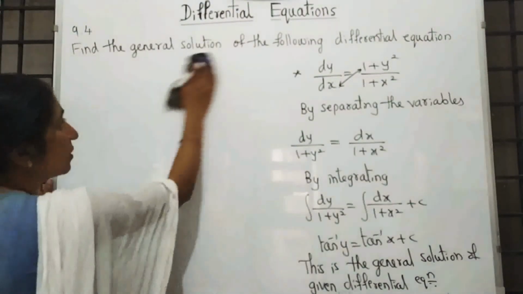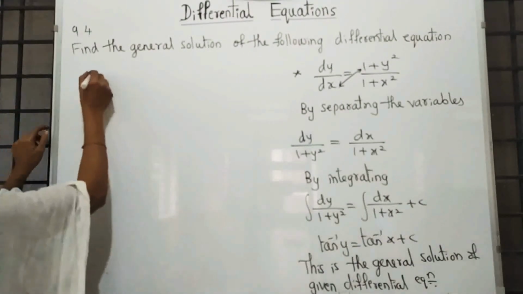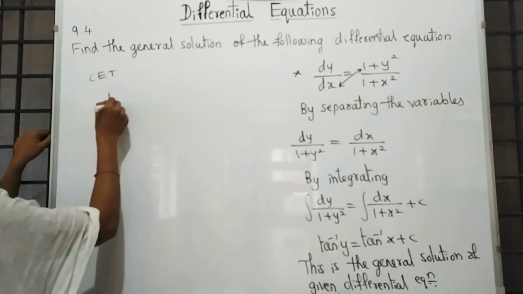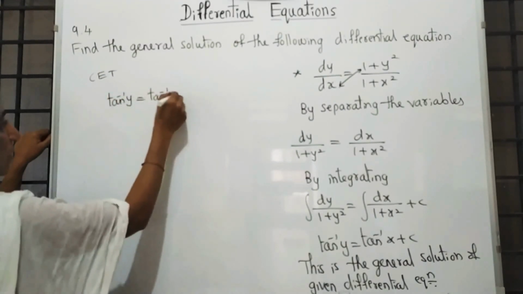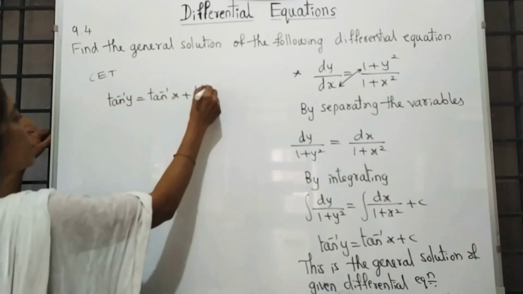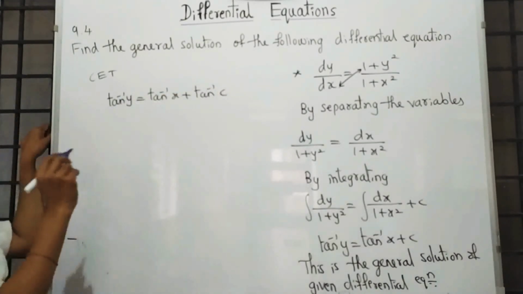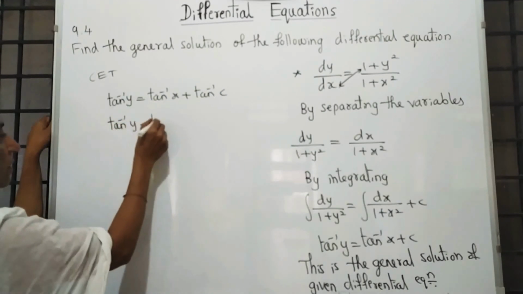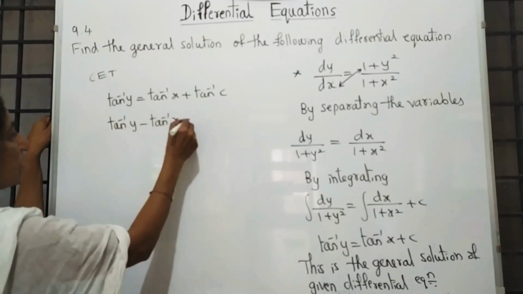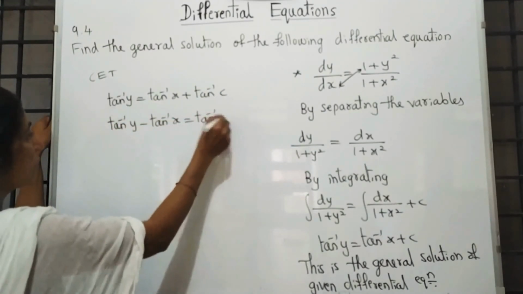Then what they wrote? See, for CET, tan inverse y is equal to tan inverse x, and you know that the constant can be written in any form, as tan inverse c. This is tan inverse y minus tan inverse x is equal to tan inverse c.